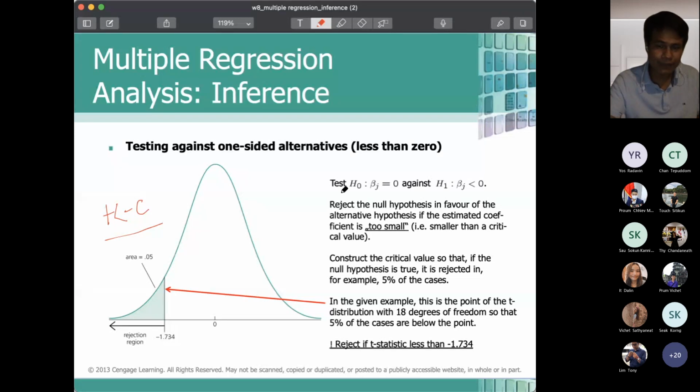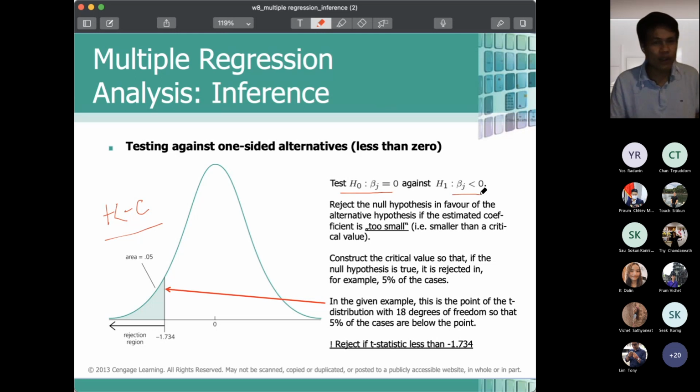So zooming in again, we have the null hypothesis stating that delta j equals 0. But your alternative hypothesis now, you believe that it is negative. You believe that COVID-19 reduces household income, right?